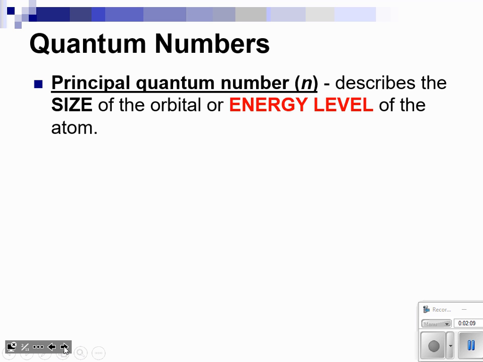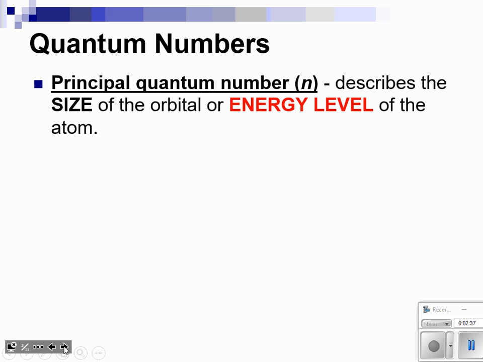They coincide with the 7 periods on the periodic table. So the principal energy level, the principal quantum number, which represents n, are those numbers right there. If you want to number your little periodic table 1 through 7 like that, that would be a great idea.